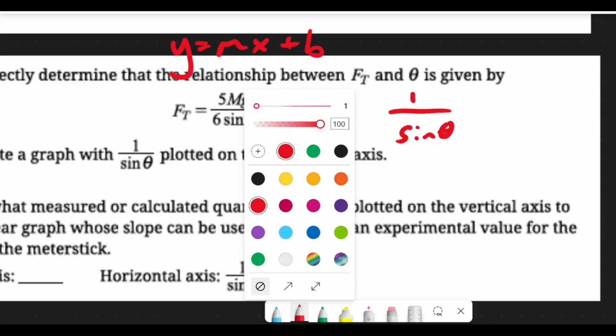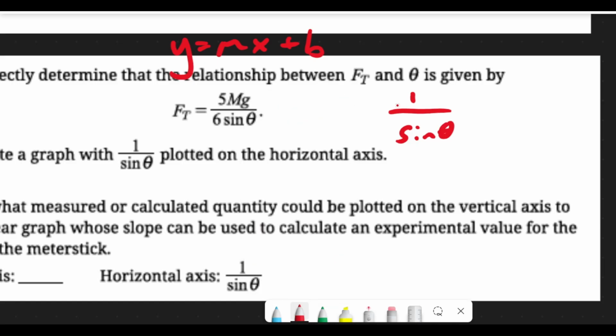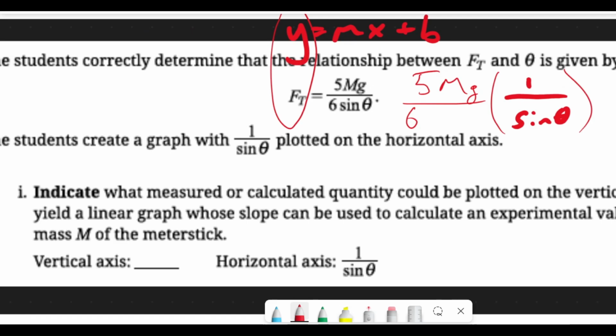If I take this out, what's left over? I have 5mg over 6. This is equivalent to this right here. So what can I put on my vertical axis? Well, this is going to correspond with my vertical axis right here. I want to put Ft on my vertical axis.